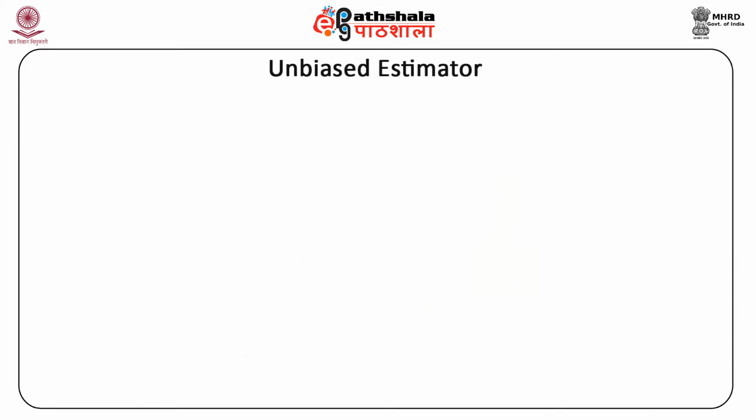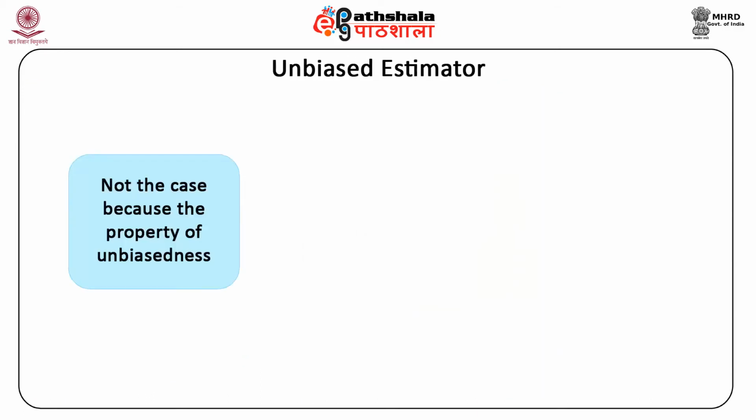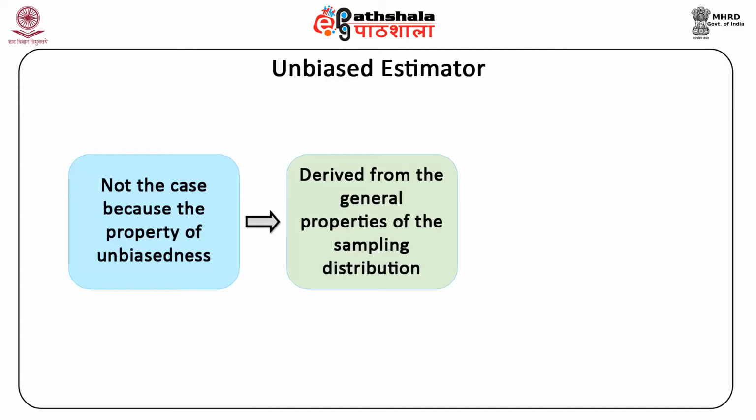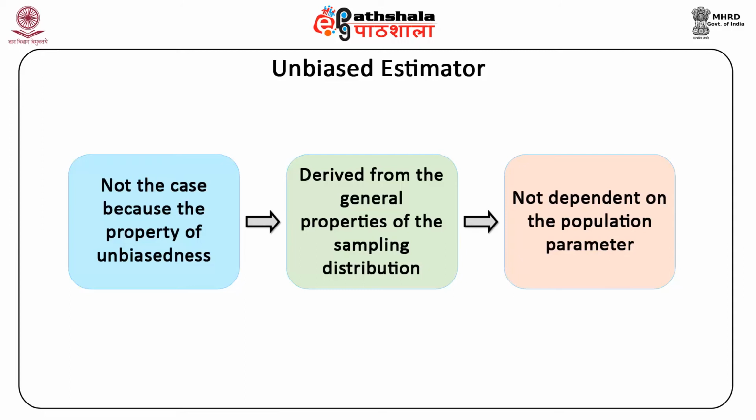This, however, is not the case, because the property of unbiasedness is derived from the general properties of the sampling distribution of the estimator and hence does not depend on the population parameter.